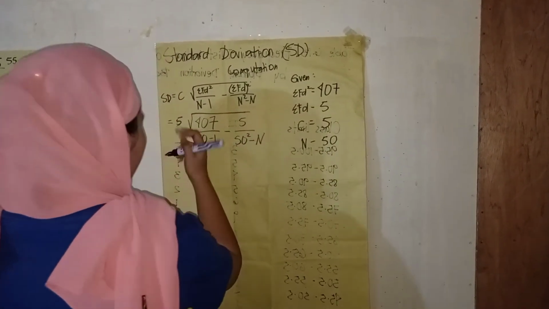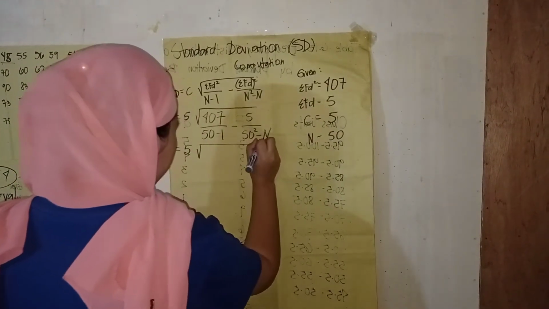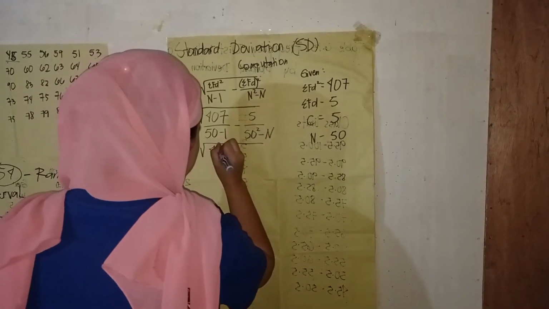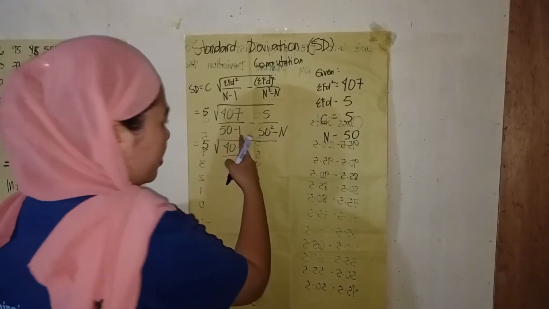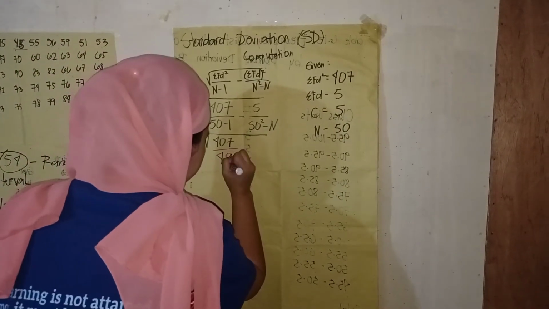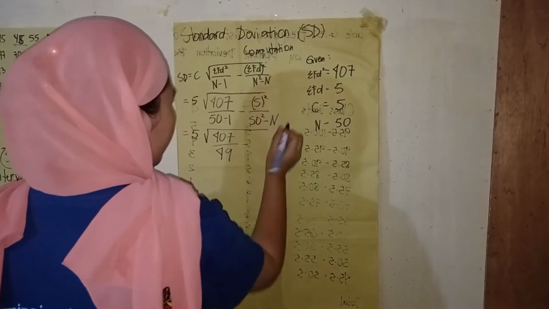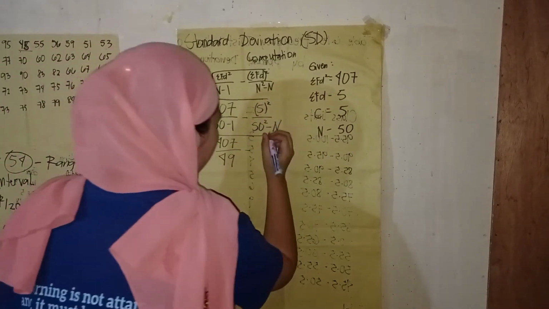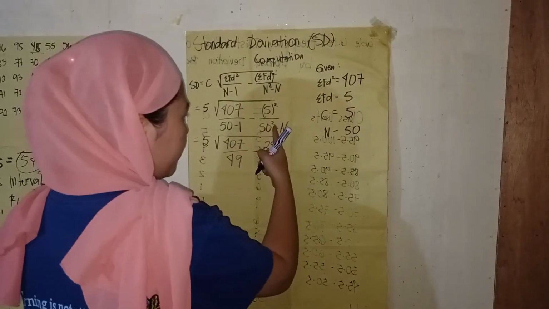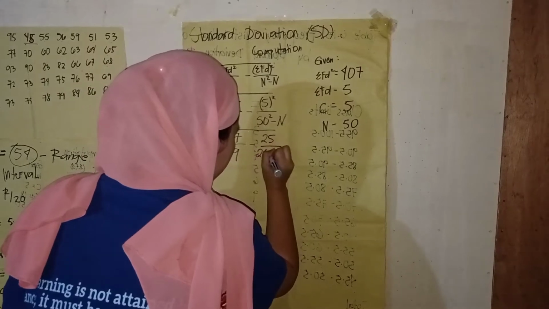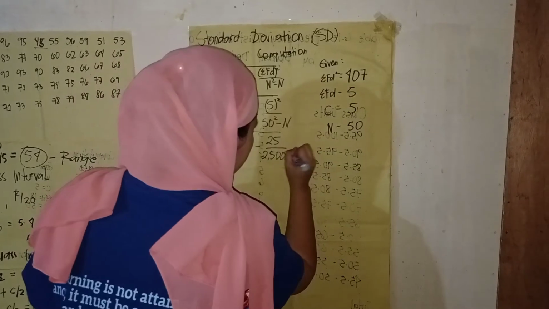So equals 5 square root of 407 over 50 minus 1 equals 49, minus 5 times 5 equals 25, over 50 times 50 equals 2,500 minus our number of cases, 50.